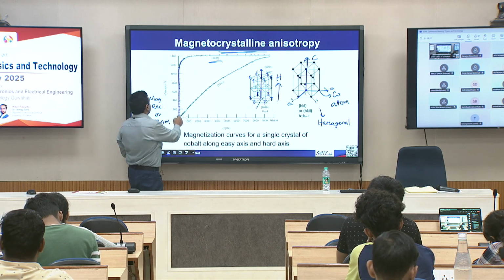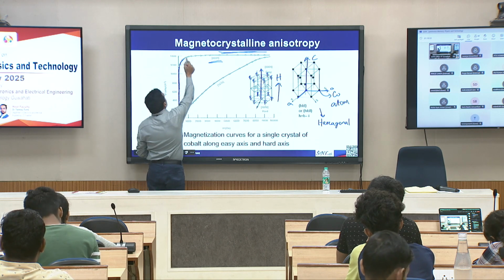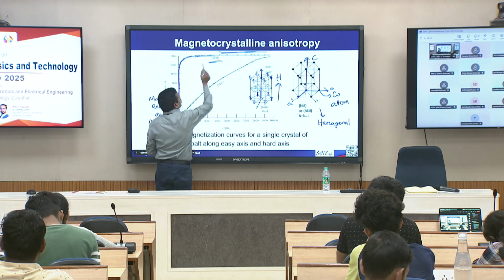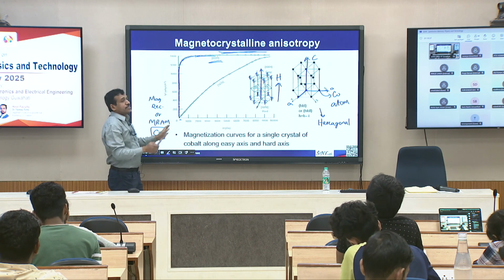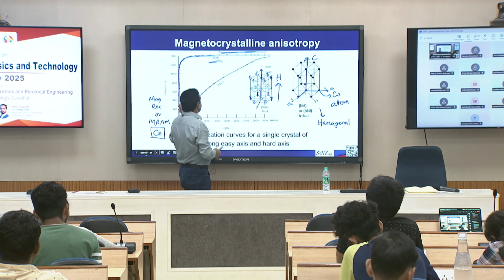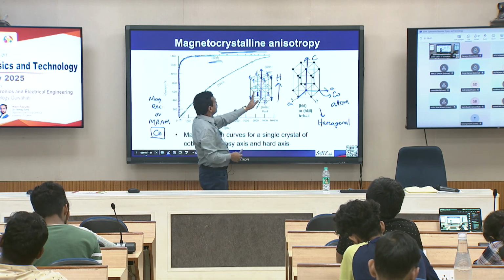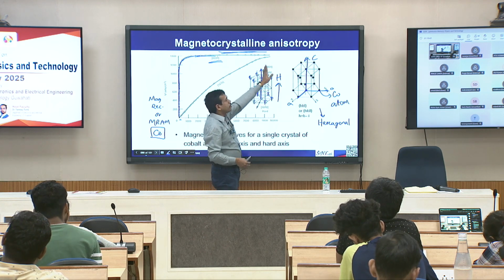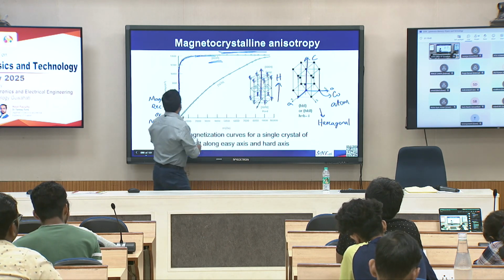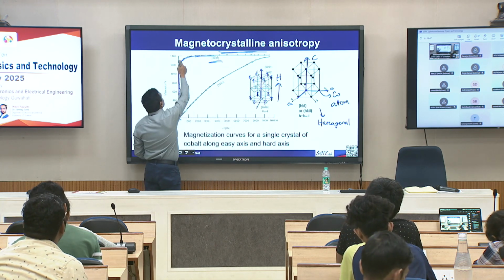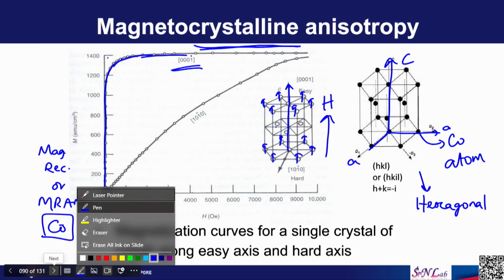Because of that you need a certain magnetic field to reach the saturation value. Otherwise, theoretically, if you do not apply any magnetic field, all these magnetizations are already pointing in this direction, and you will need almost 0 field to reach saturation.